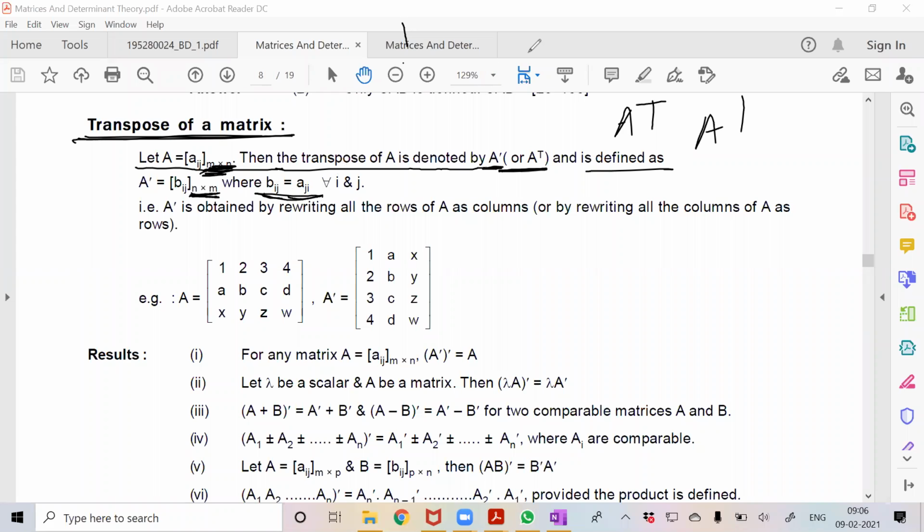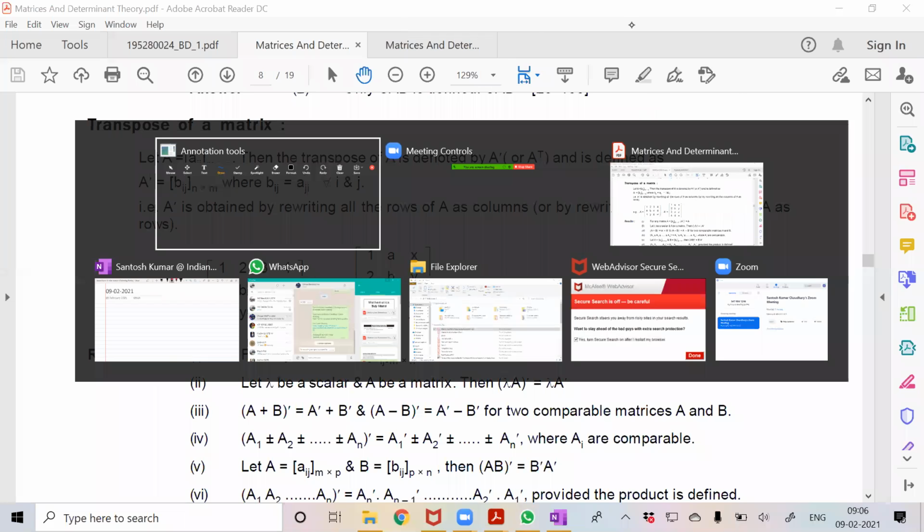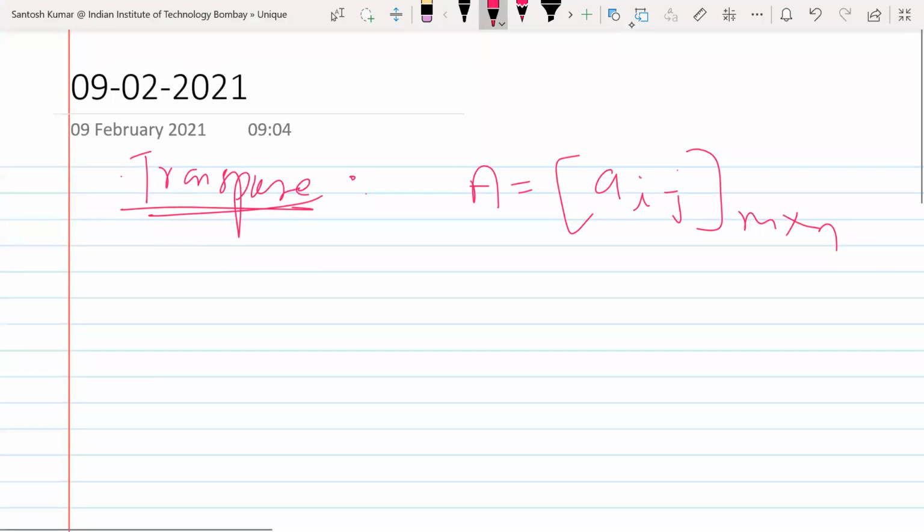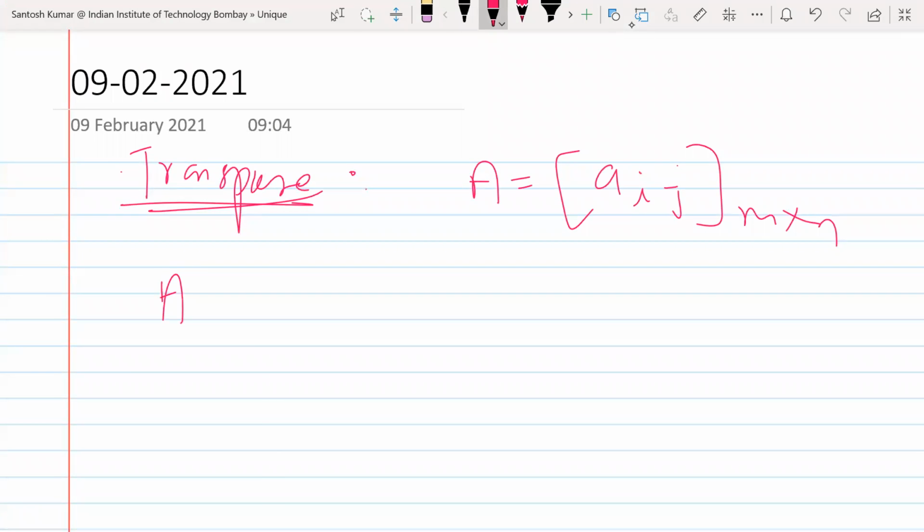So let me write in a better way. We are discussing transpose. A is a matrix of order M cross N. So A transpose, denoted by A T or A dash, will be an N cross M matrix, and its entries will be Aji.